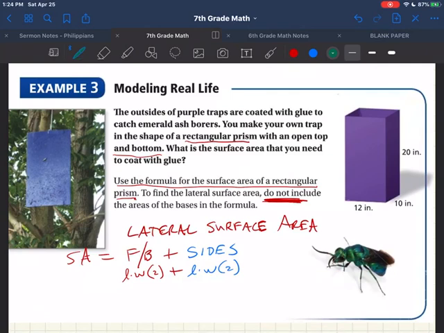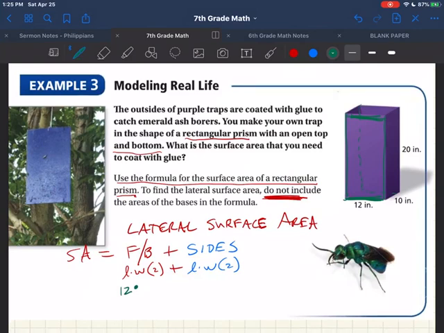So the length times the width of the front and the back. So let's look at this. So we've got the front and the back, okay, is this thing right here. And this thing back there. Okay, they have the exact same thing. It is 12 times, I don't know why I switched colors here, but we did. 12 times, well, what's this?